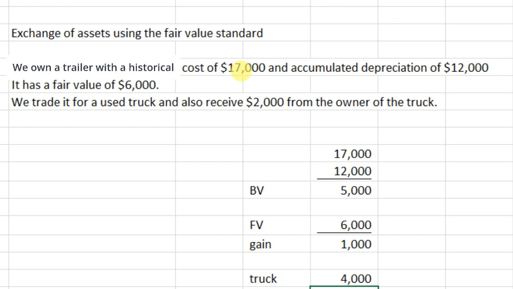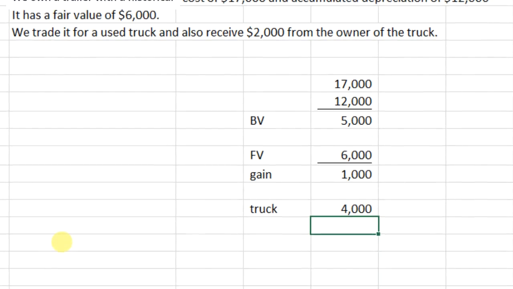So when you dispose of an asset or exchange it, you must credit out the historical cost. And of course, accumulated depreciation is a credit balance, so you need to close it as well with a debit for $12,000 in this case. So we have everything we need now to start building our journal entry.